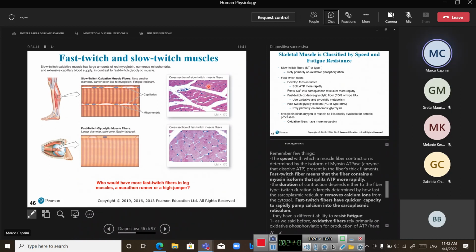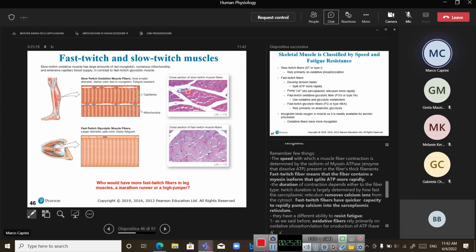Because myosin is a protein that is able to use the ATP in order to produce the power stroke. So if the myosin ATPase is slow, the twitch is slow. And there are different forms of myosins.